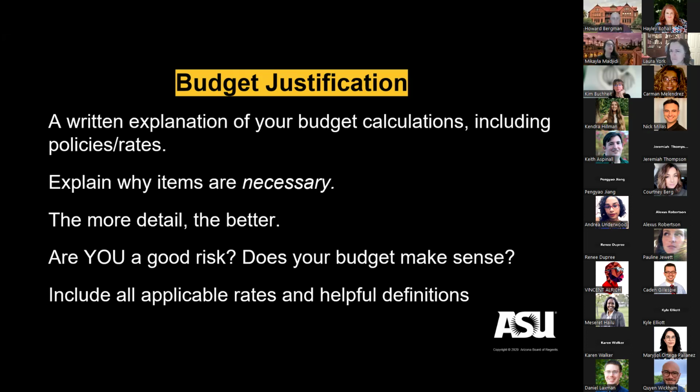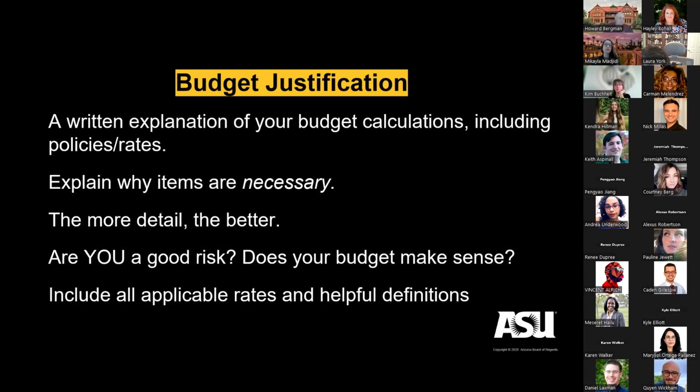Okay, so we've gone over almost everything that you may be detailing out in the budget detail, the numbers of your budget. But almost always the sponsor will require some sort of budget narrative, budget justification, a written explanation of your budget calculations and how, your policies and rates, how you've arrived at these numbers.